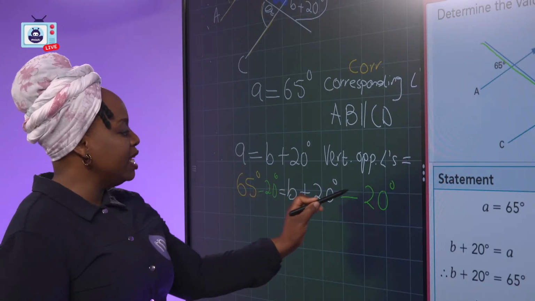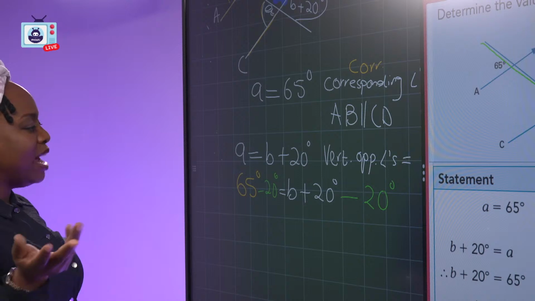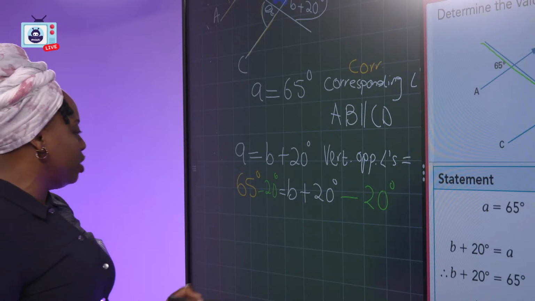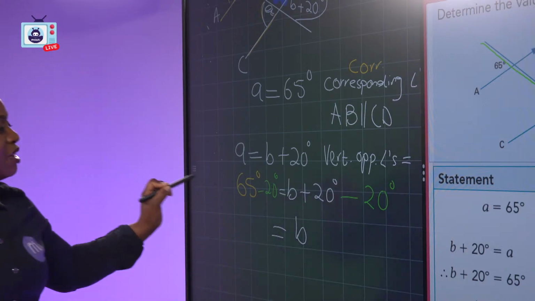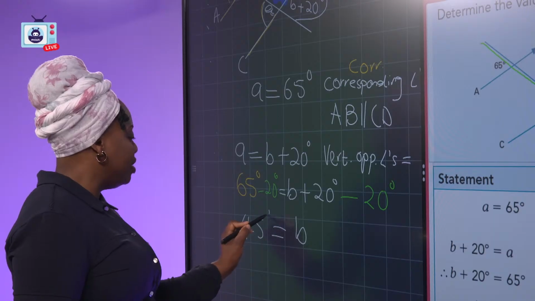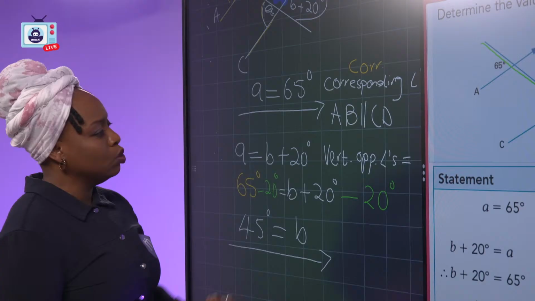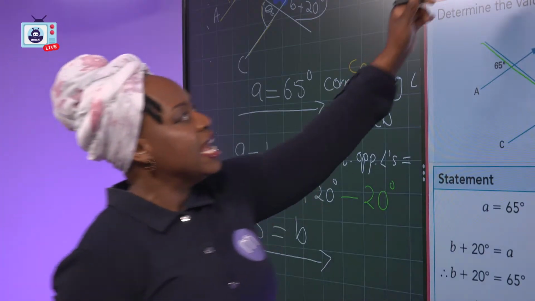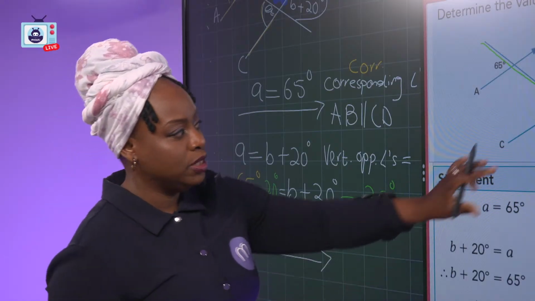But our 20s will then cancel on our right, because 20 minus 20 gives us 0. That means B will be equal to 65 minus 20, which gives us 45 degrees. So in this way, we are able to find the solution, and you were able to say that angle A is 65 and angle B is 45.